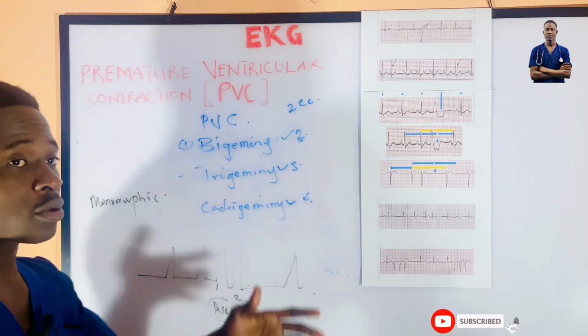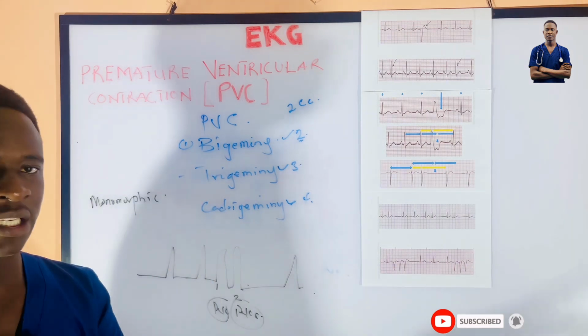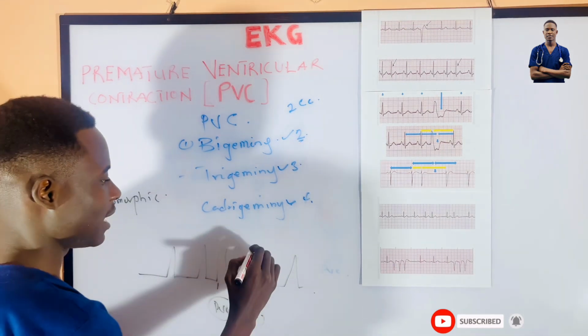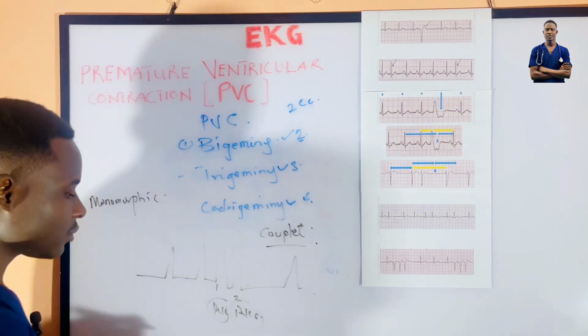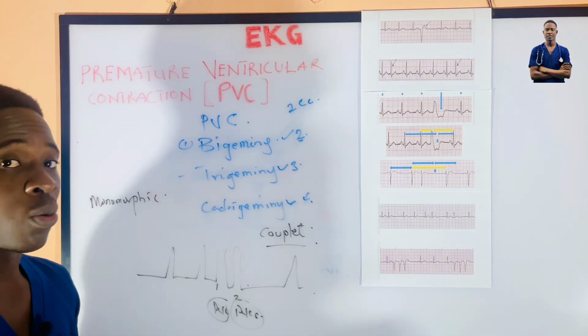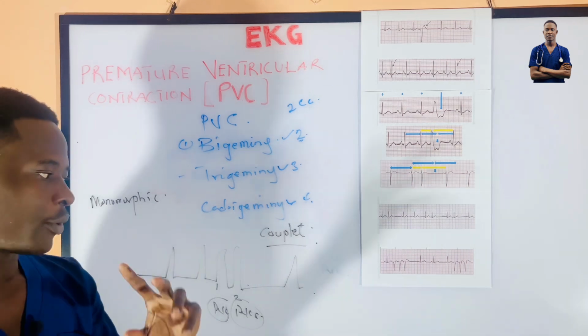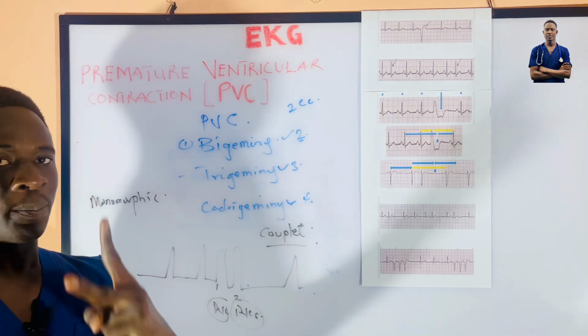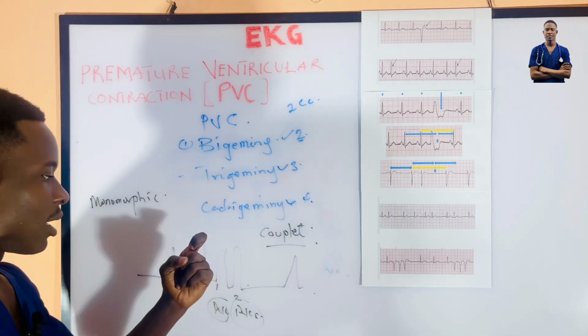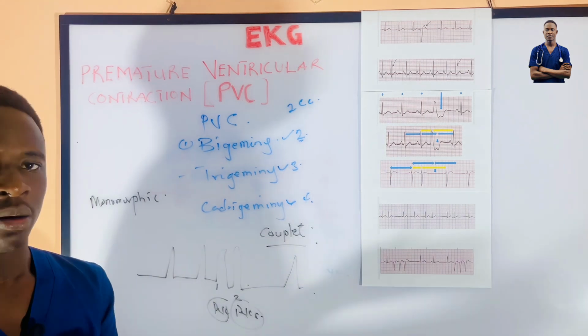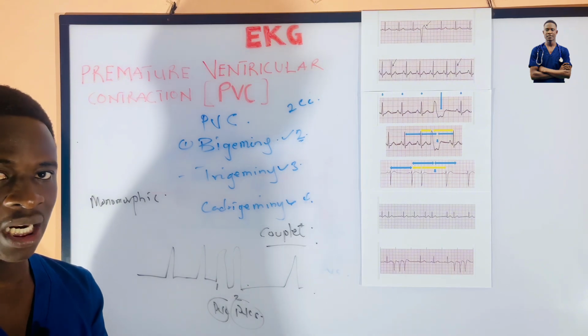Continuous PVCs, 2 PVCs. This is what we call a couplet. Couplet means couple, and couple means 2. We have 2 PVCs continuous without a normal ventricular contraction. Are we clear with it?